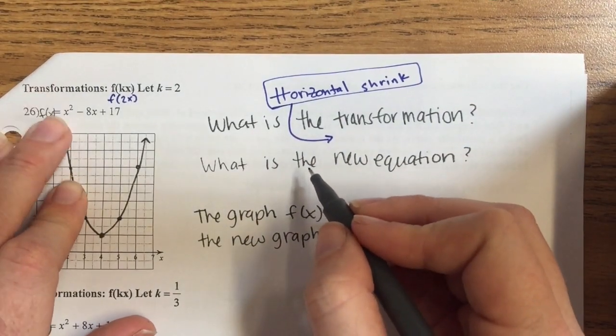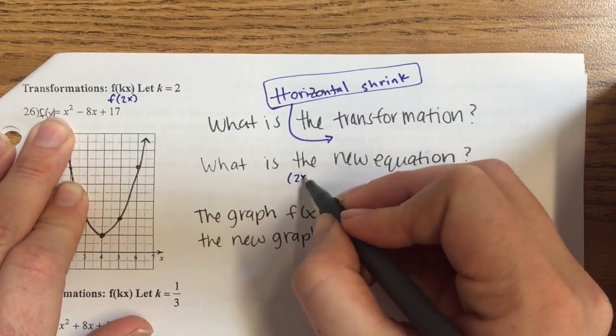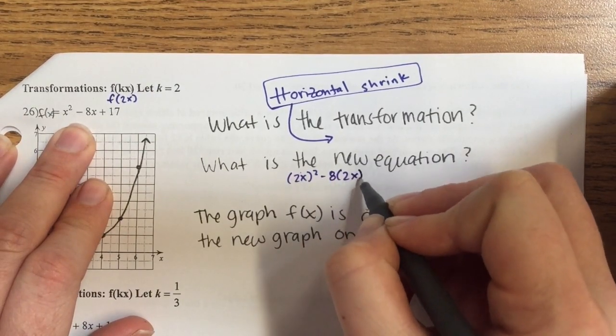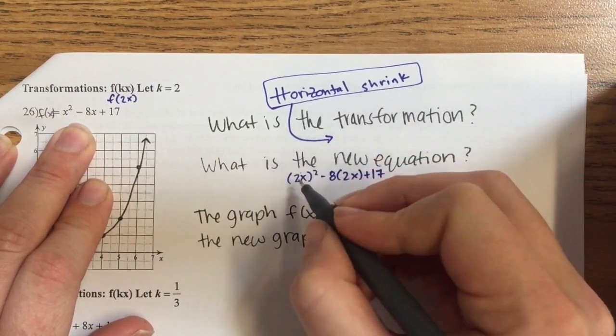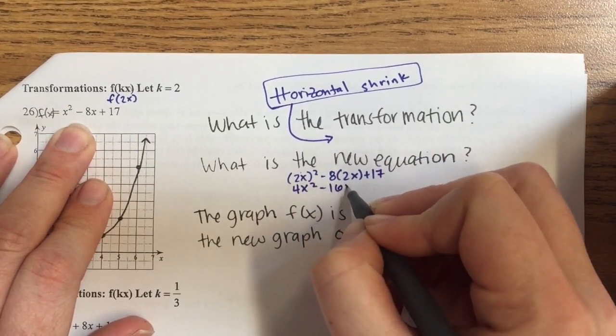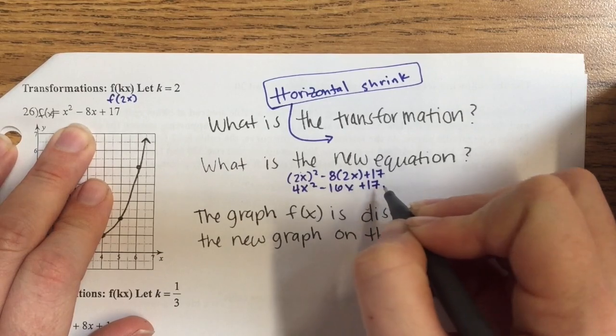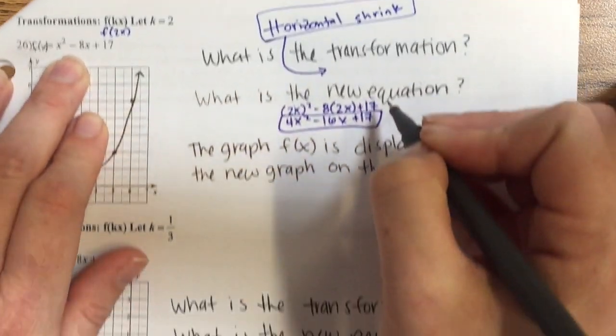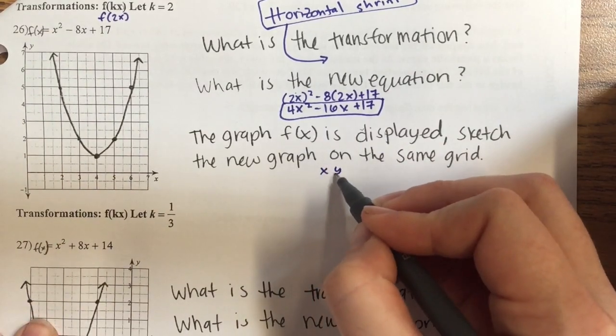My new equation would be 2x squared minus 8 times 2x plus 17. That would become 4x squared minus 16x plus 17. That's my new equation. I create a table.